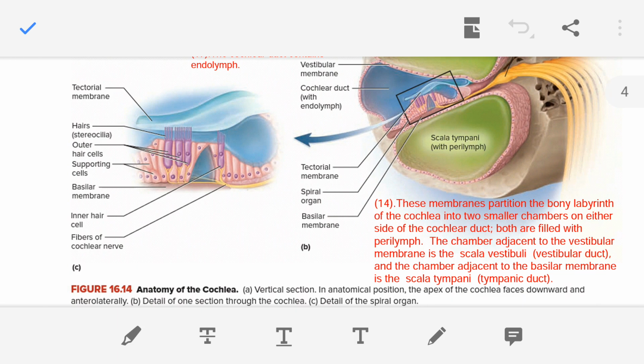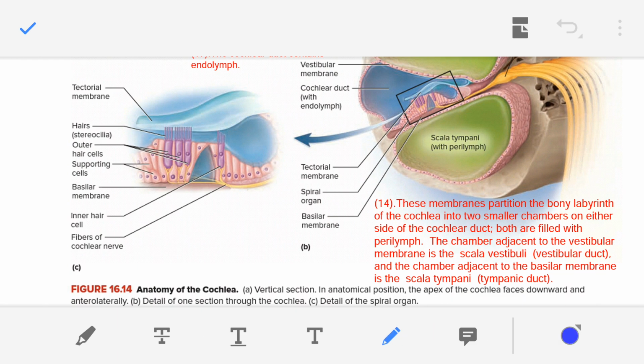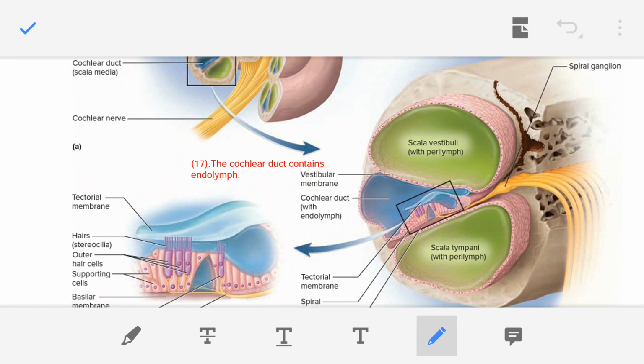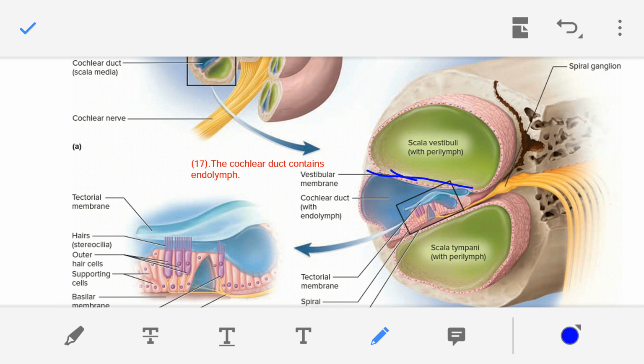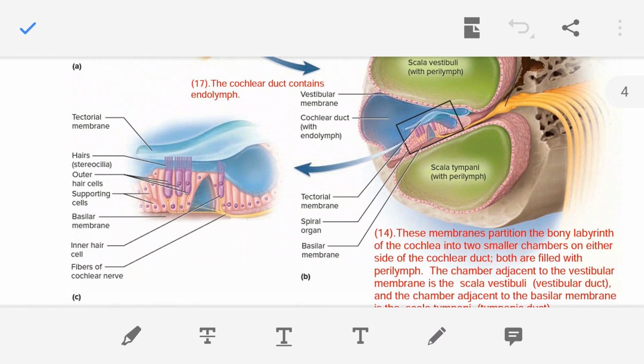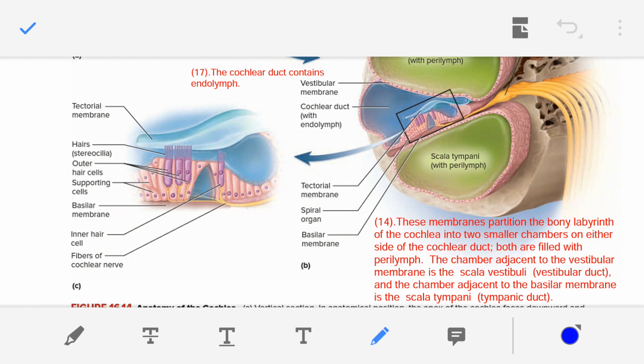Now what are the names of these chambers? The chamber adjacent to the vestibular membrane, this one, very close to the vestibular membrane, is known as scala vestibuli. The chamber adjacent to the basilar membrane is known as scala tympani.